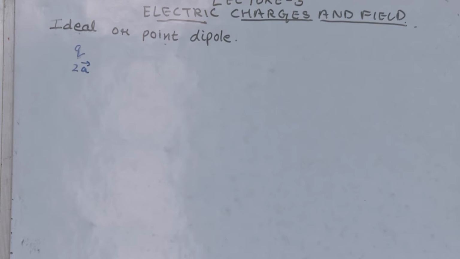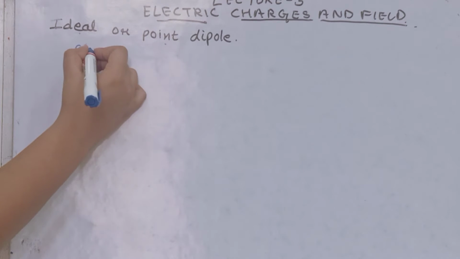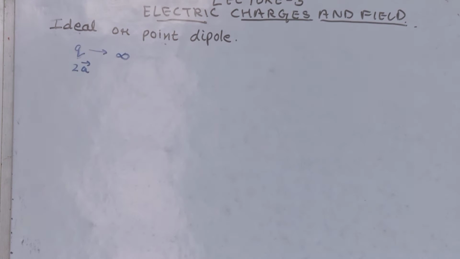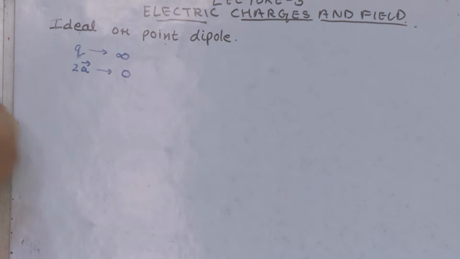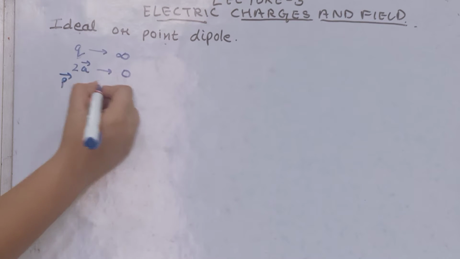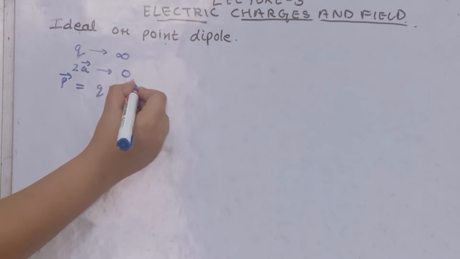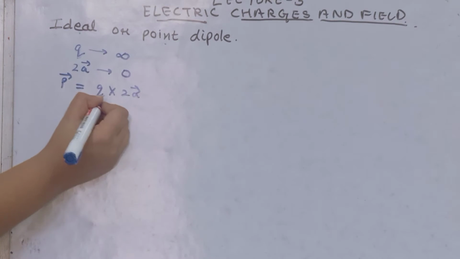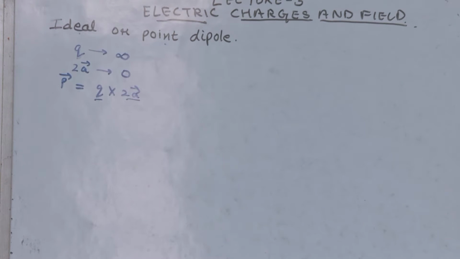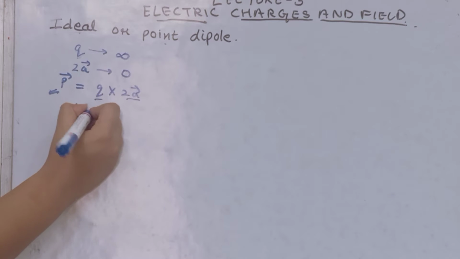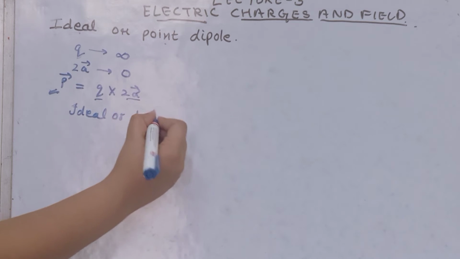If our charge approaches infinity and the distance between the two charges approaches 0 in such a way that our dipole moment, which is q into 2a, remains finite, because one is approaching infinity and simultaneously the other is approaching 0, then this kind of electric dipole is known as ideal or point dipole.